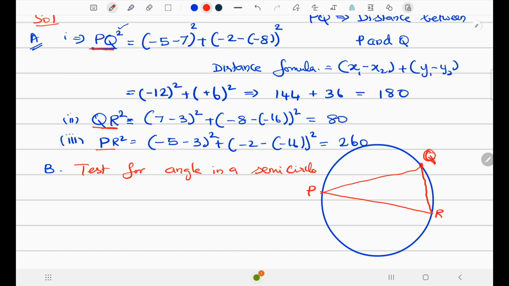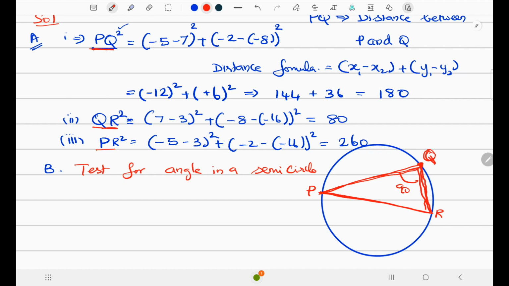Very simple. Draw a triangle. One side must be the diameter. The other two sides form a right angle triangle. This is the angle in a semicircle. We need to show that PR is a diameter and Q is somewhere on the circumference, and the angle at Q is 90 degrees.